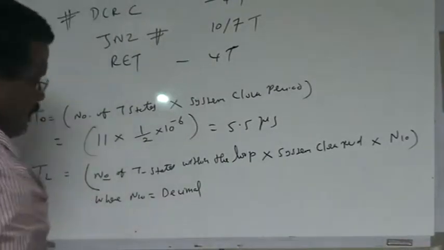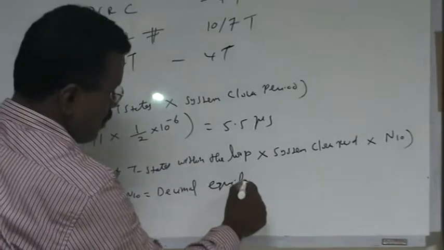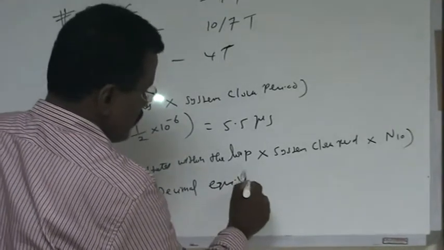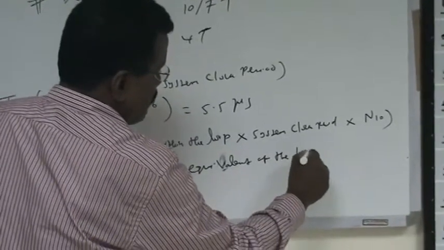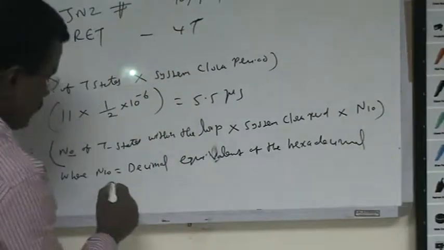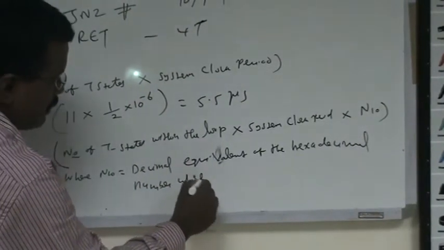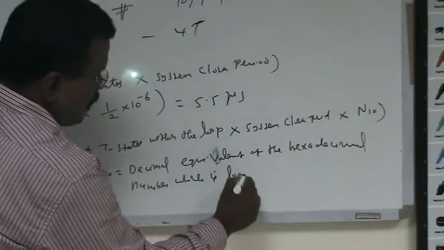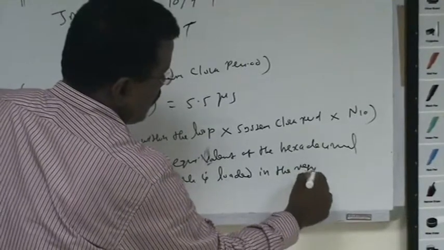So N10 is given by the decimal equivalent of the hexadecimal number which is loaded in the register.